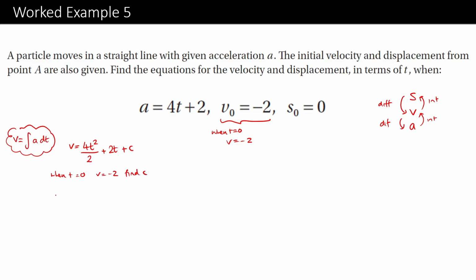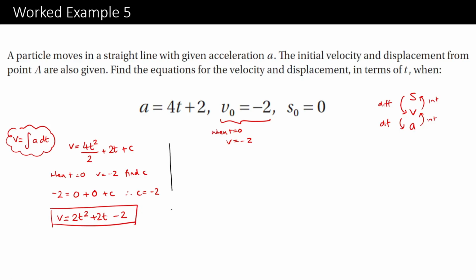So I get minus 2 equals 0 plus 0 plus c. Therefore, c equals negative 2. So the formula for v, simplifying it, is 2t squared plus 2t minus 2. Let's put a little box around that.